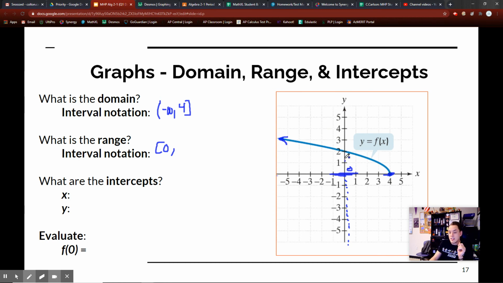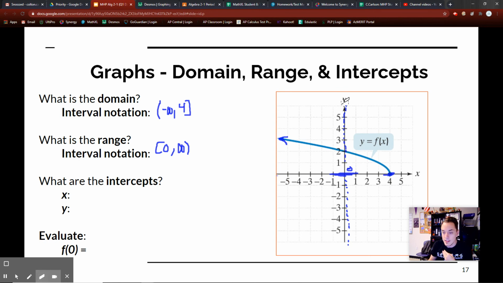Does it continue going up and up and up? I mean, this is kind of shaped weirdly, right? And the answer is yes, it actually continues going up forever and ever, which means this is going to be infinity. Can you ever equal infinity? No. So parentheses.